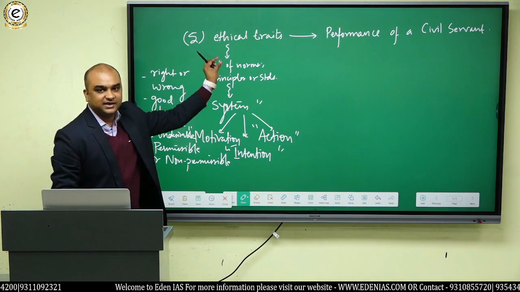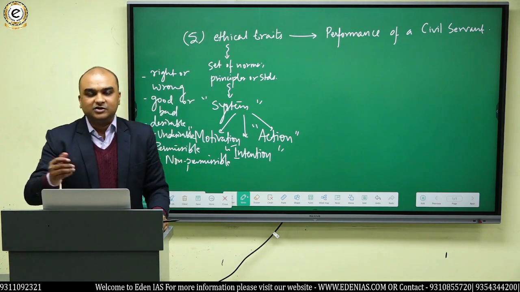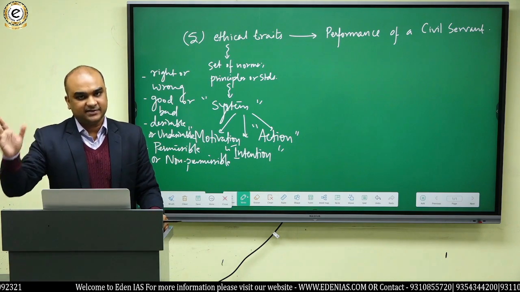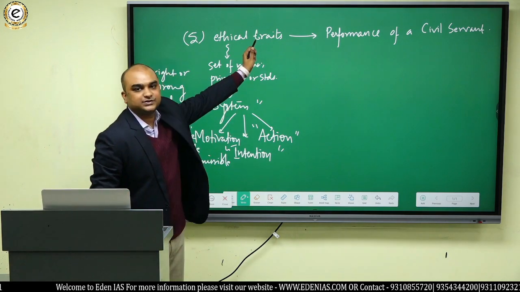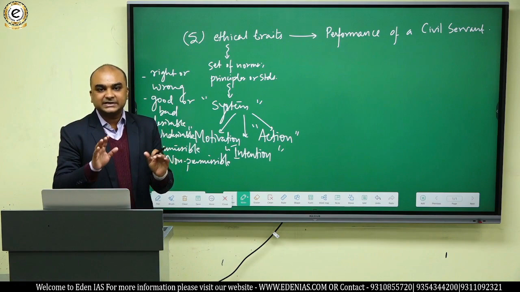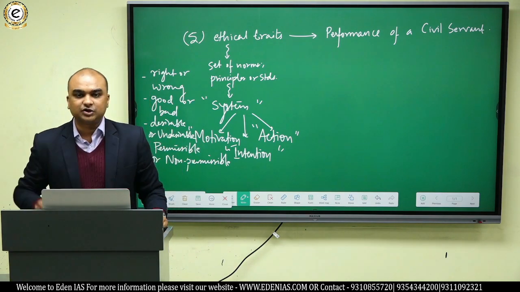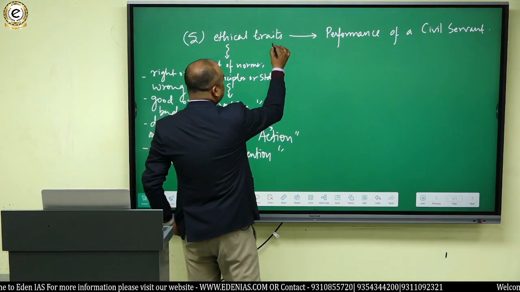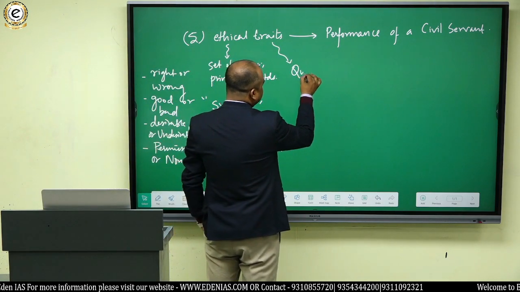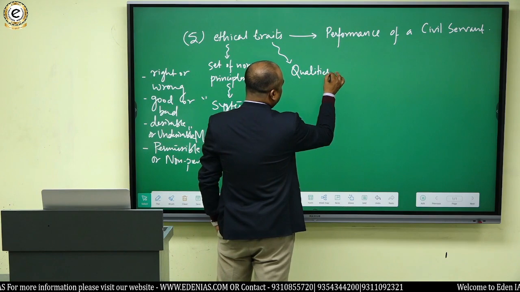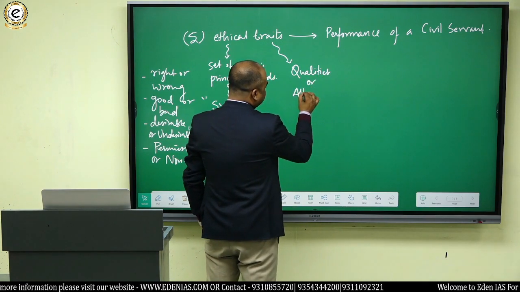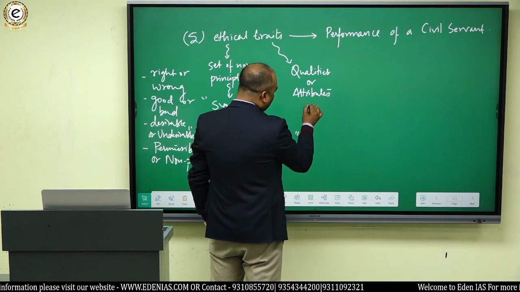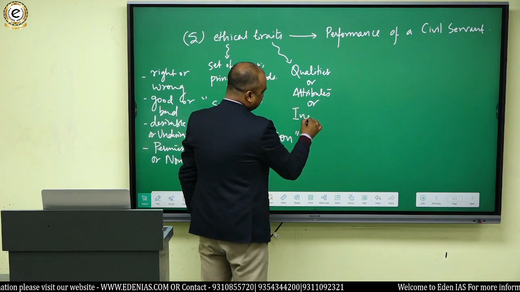And this word ethical is actually drawn from the root word ethics. Now what is the meaning of this word? Traits. Now traits are not values. Actually traits are qualities or attributes. So traits refer to qualities or attributes or indicators.